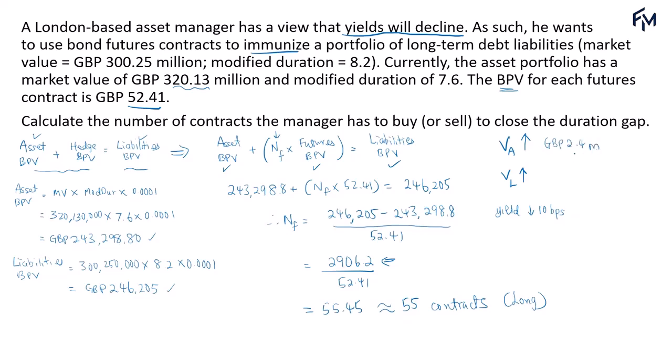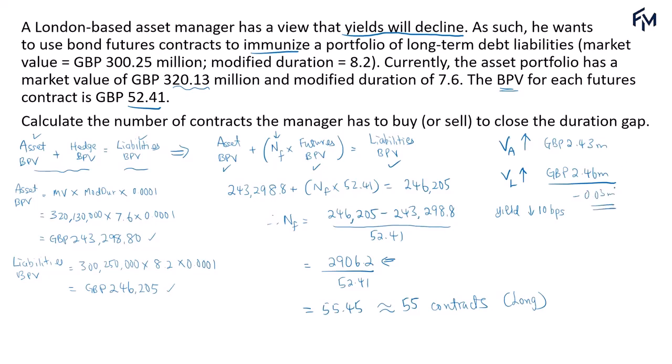But for the liability, the value will increase by about 2.46 million. Keeping 2 decimal places, the asset increase should be 2.43 million. So we see that the liability value actually increased more than the asset value. That would be a drop in the equity value of the fund, a negative impact of 0.03 million.